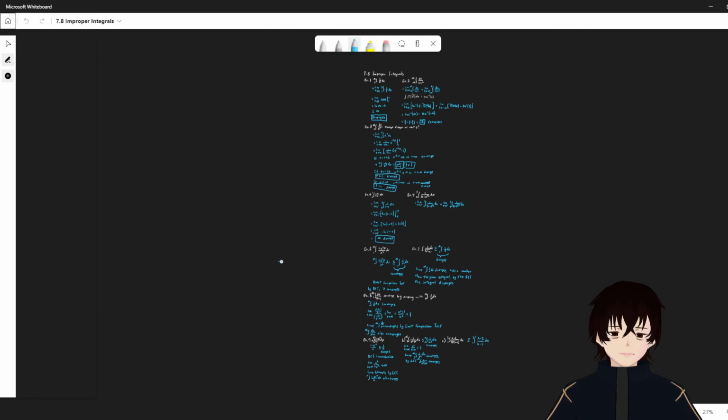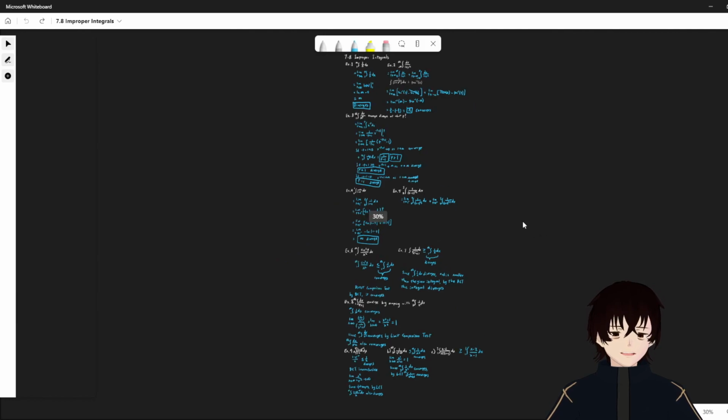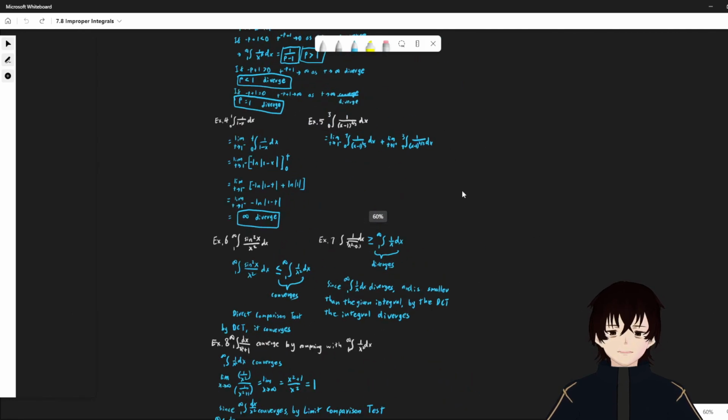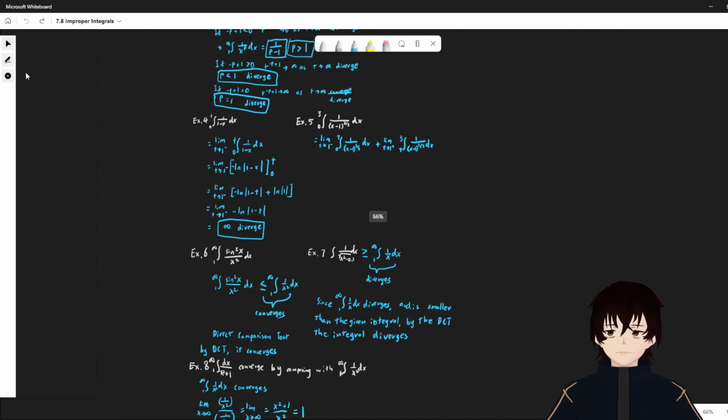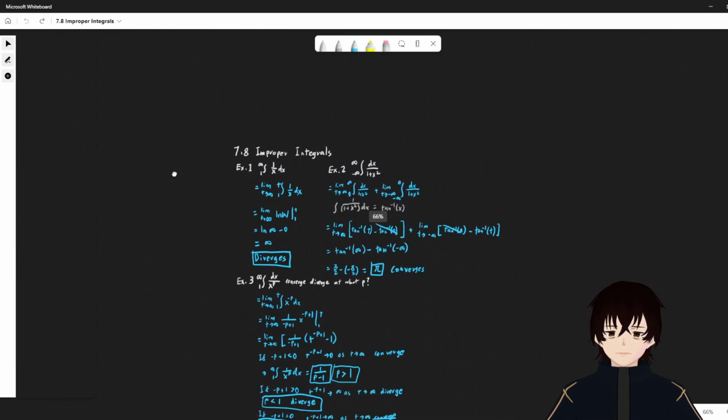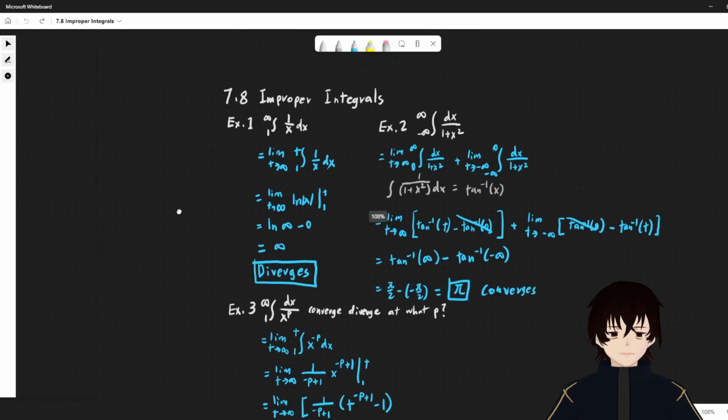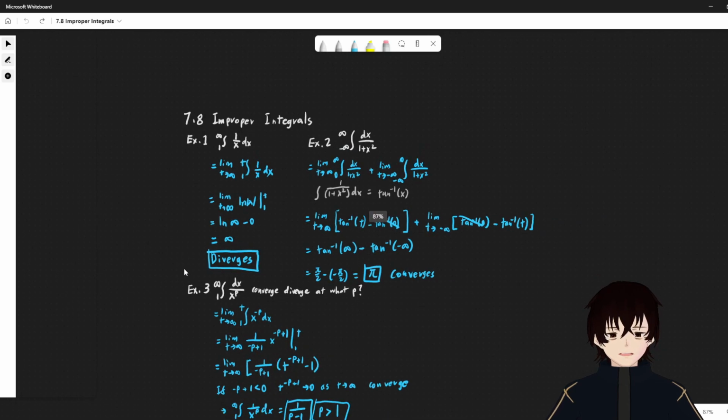Whiteboard tips. Ooh, I like that. I like straight lines. Yeah. Let's say x approaches infinity, I also approach infinity. Wait, what? Wait, what? 1 over x diverges.